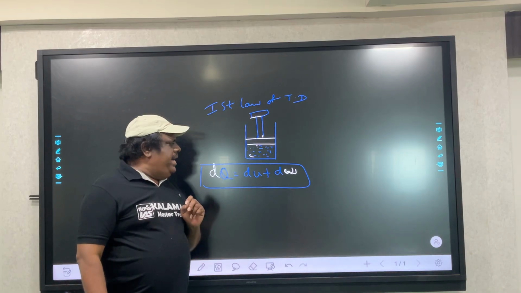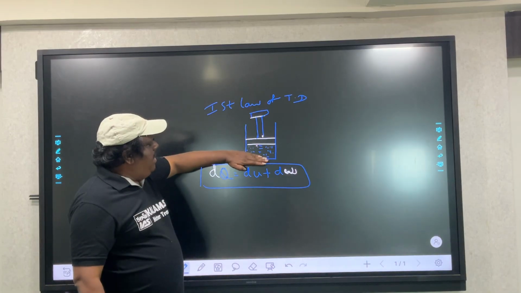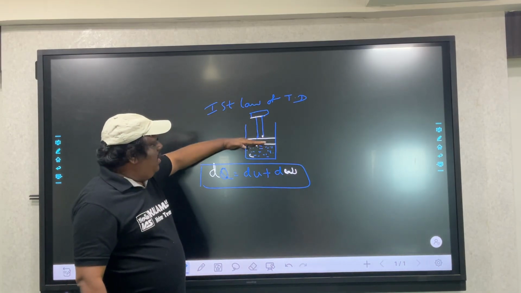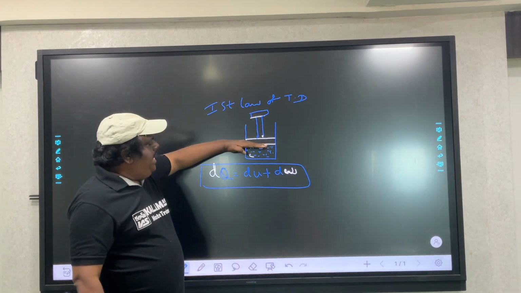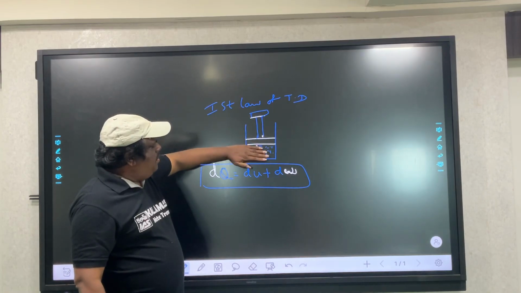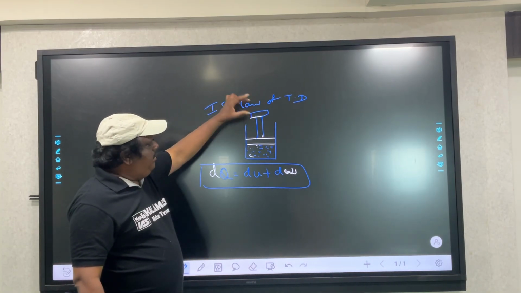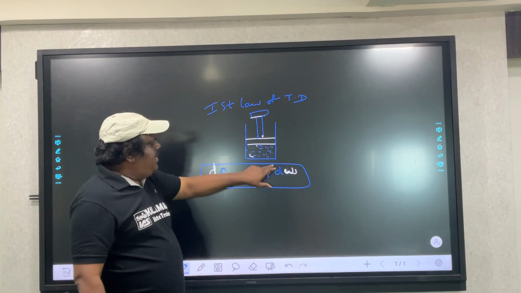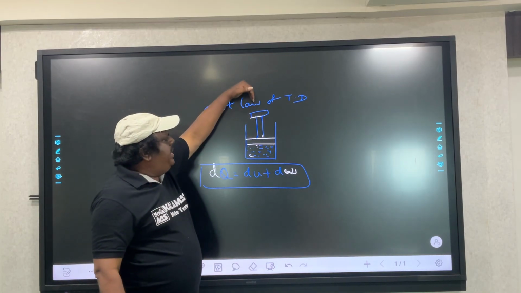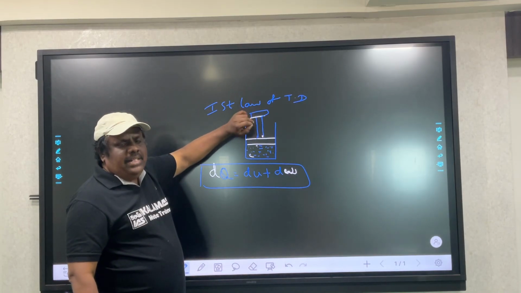Here for dW, there are mainly two types of work done. Suppose work is done by the piston by supplying heat, that means volume increases. Suppose this piston is moving upward due to the rising of internal energy, that means work is done by supplying heat. If volume increases, we consider it as positive. Suppose work is done on this piston, and the volume in the system decreases, then it is considered as negative.